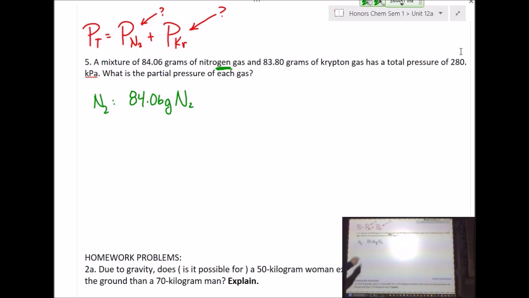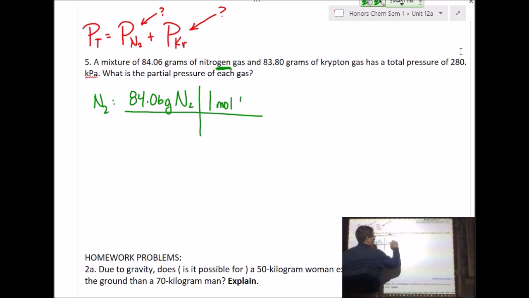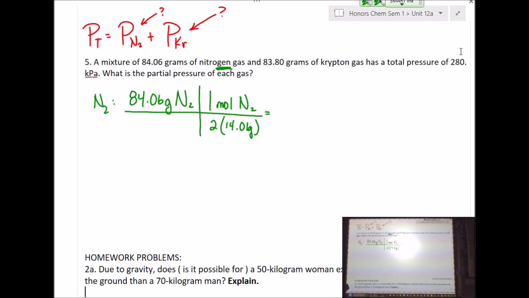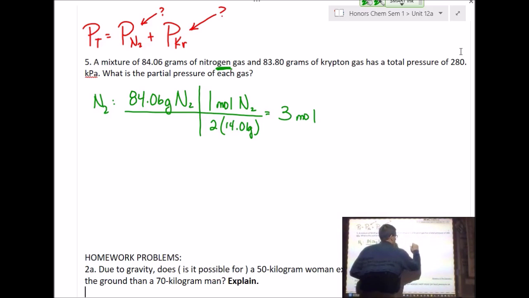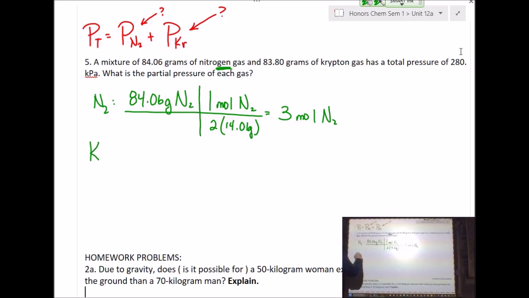So we need to convert that into moles. The molar mass is 2 times 14.01, and we get 3 moles of nitrogen. How nice. Then we'll do the same thing for the krypton.